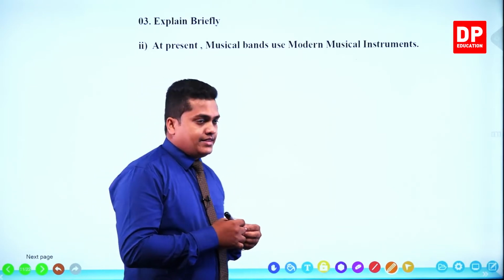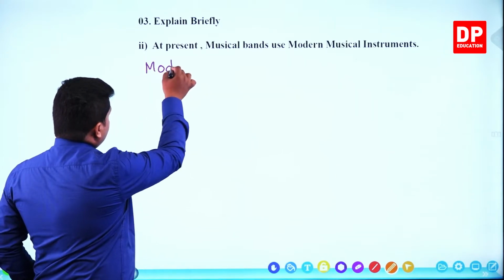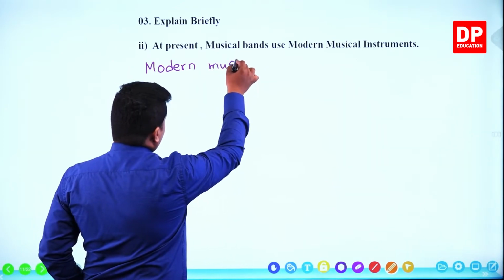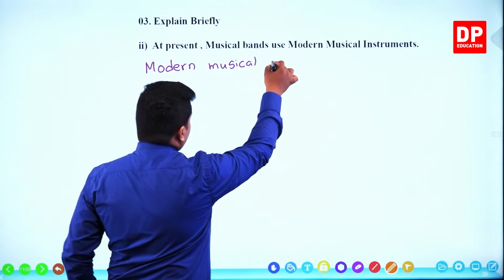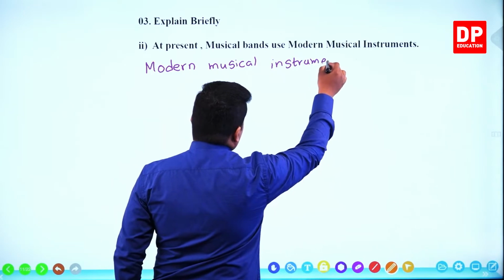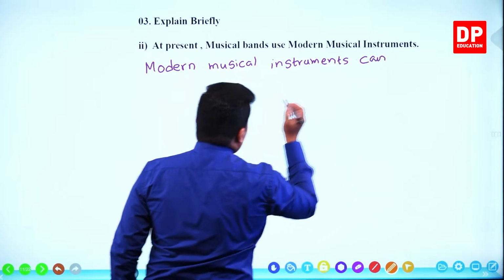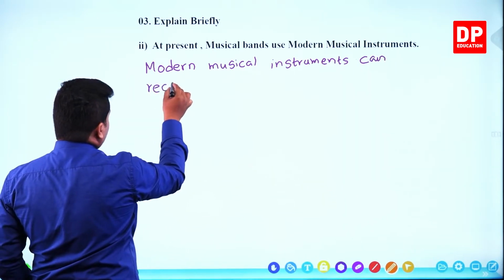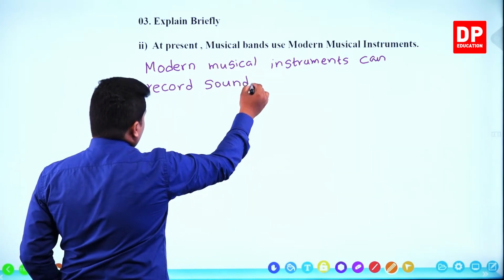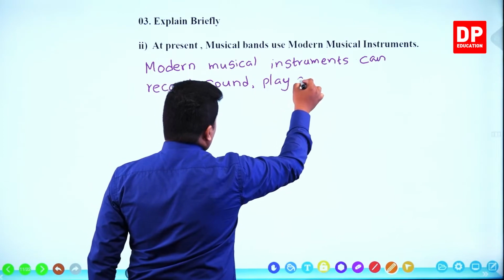So we can write the answer like this. Modern musical instruments can record sound, play a recorded sound.